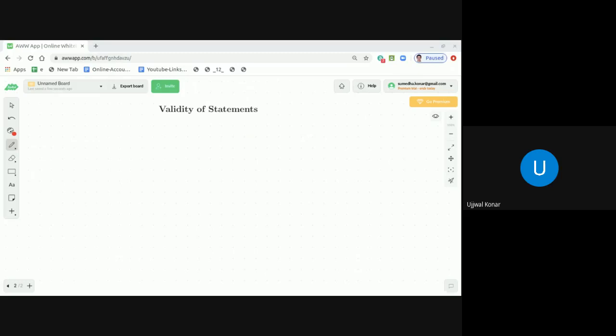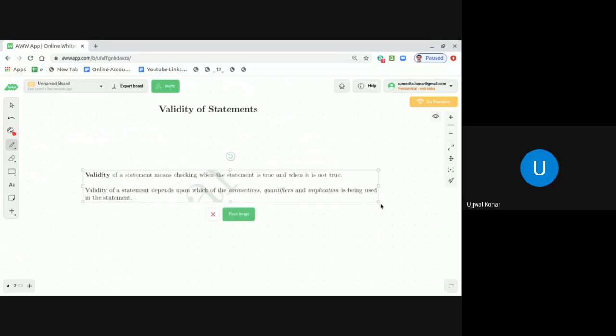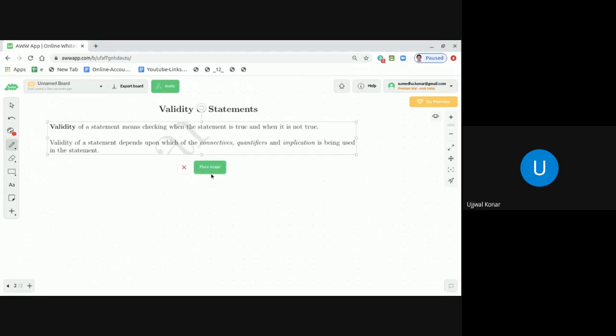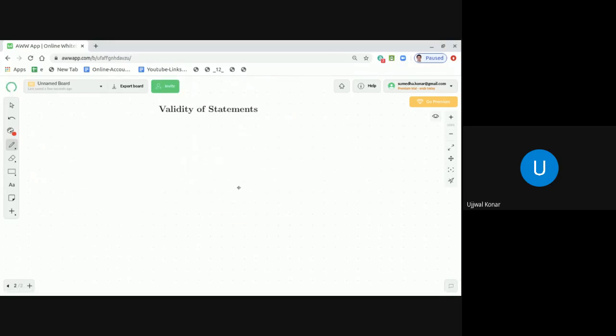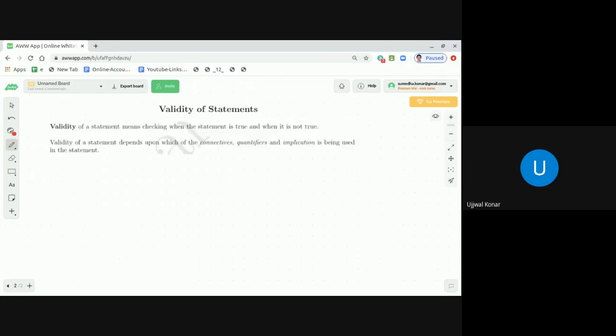And we'll see all these things. Whatever I just discussed, let me place in front of you. And here it is: validity of a statement means checking when the statement is true and when it is not true. That is the validity of a statement. I hope you understood this part.